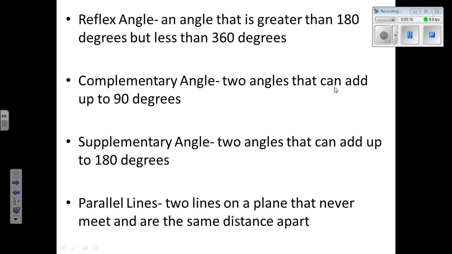Then you have a reflex angle, an angle that is greater than 180 degrees but less than 360.